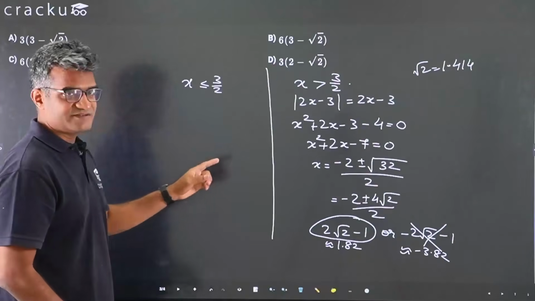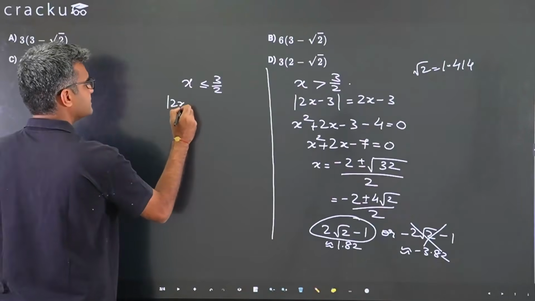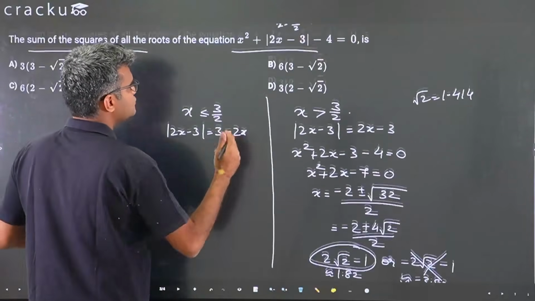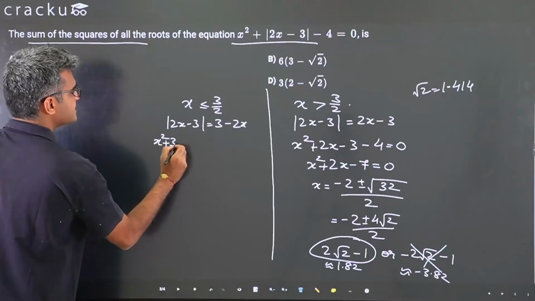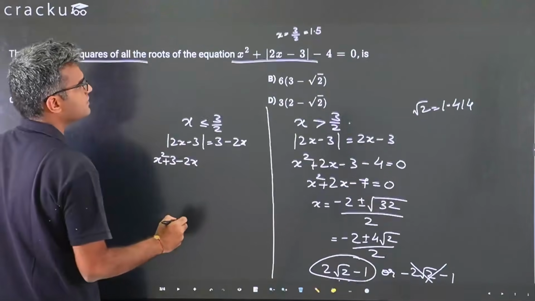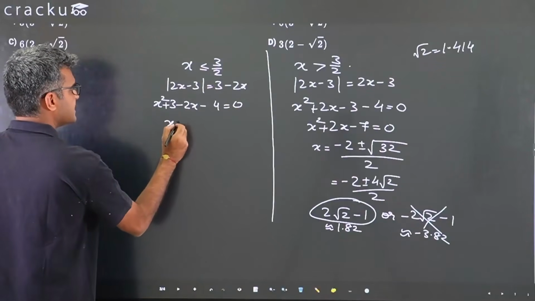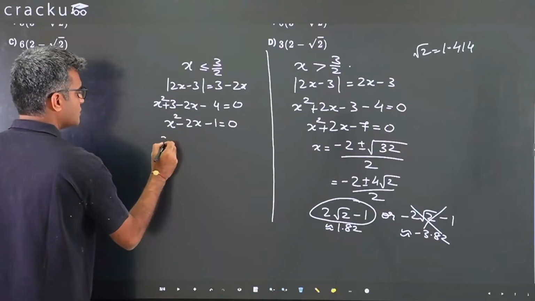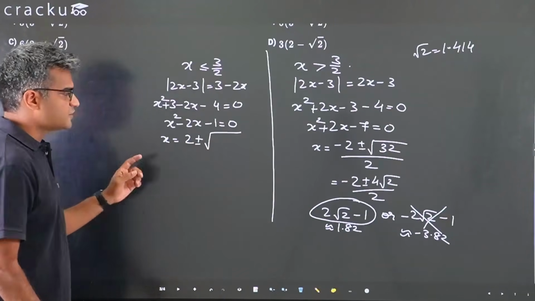In the second case, where x is less than 3 by 2, modulus of 2x minus 3 becomes equal to 3 minus 2x. So the given equation becomes x square plus 3 minus 2x minus 4 is equal to 0. This is x square minus 2x minus 1 is equal to 0. So x is equal to 2 plus or minus square root of 2 square plus 4.